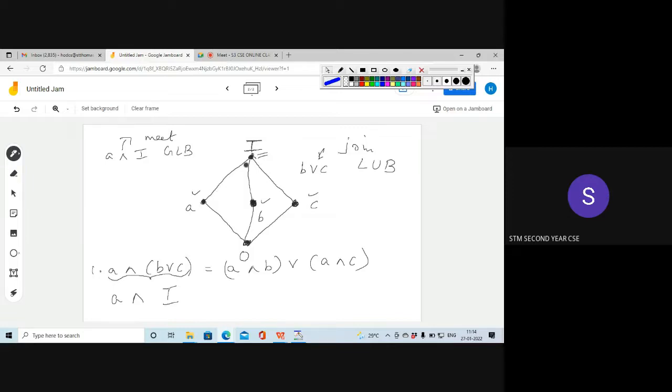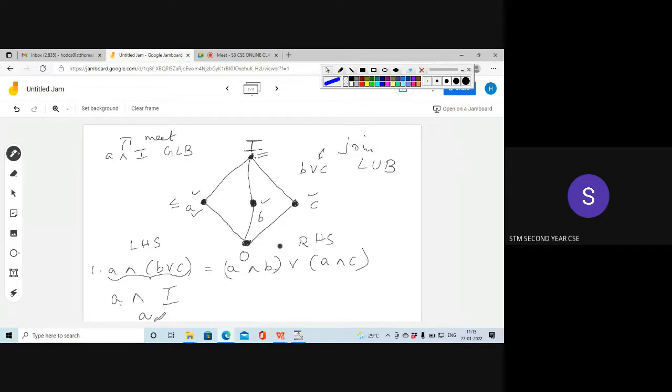The lower bounds include A and 0, because you have to check less than or equal to, and the greatest lower bound is A. Okay, so A and I evaluates to A. Now this is the LHS. LHS evaluated to A. Now let us see what is RHS.